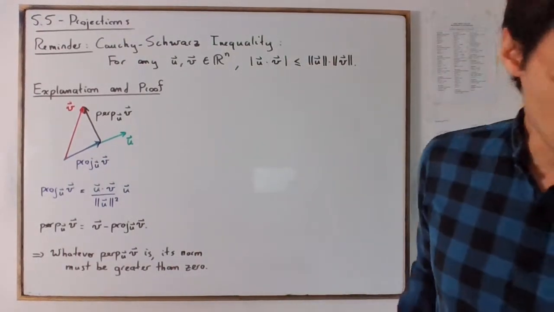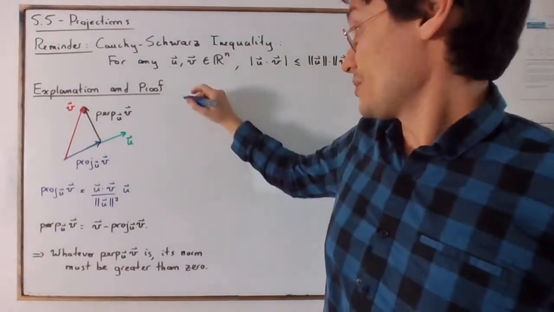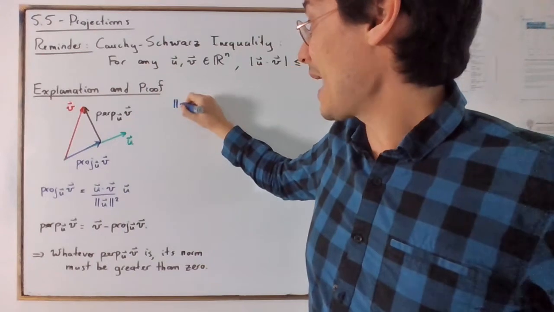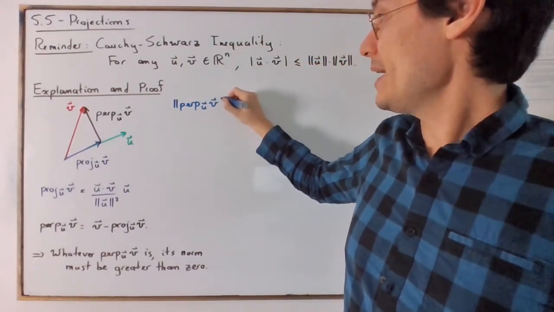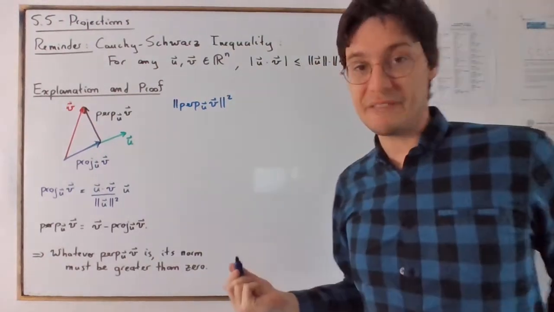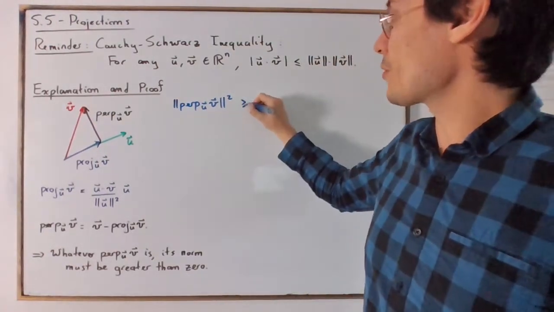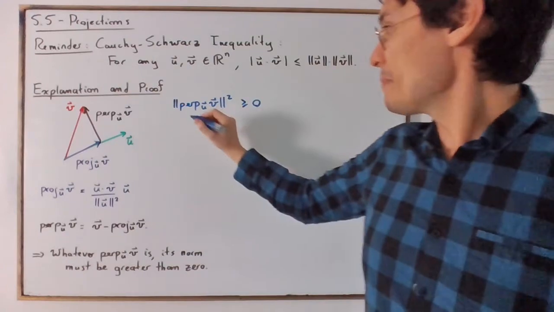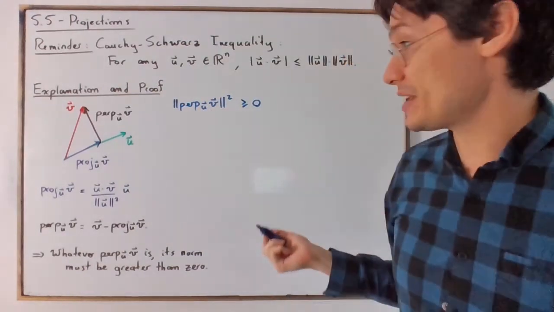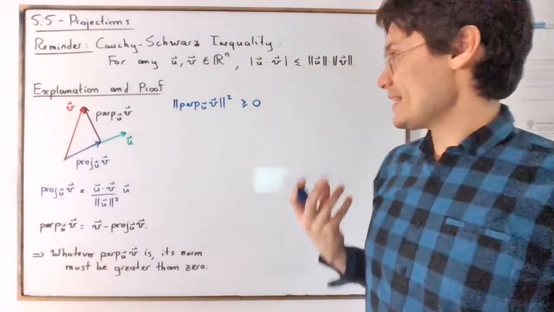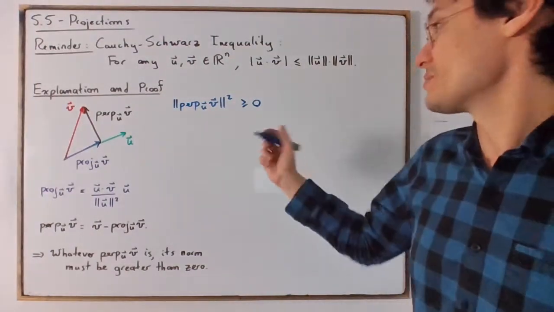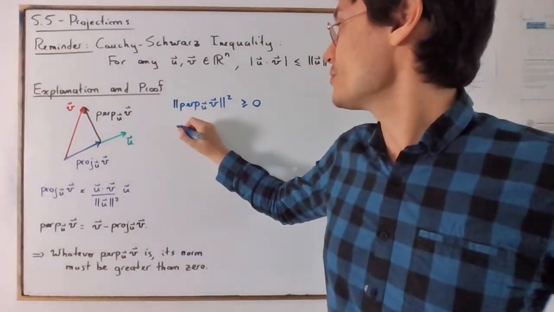The idea is to write that the norm of perp u v, and we will square it out of convenience, is greater than or equal to 0. Remember that a property of the dot product is that the dot product of a vector with itself is the norm squared. That's what we're using.